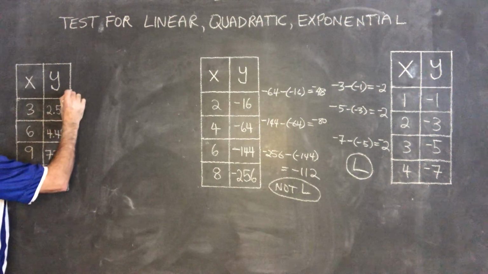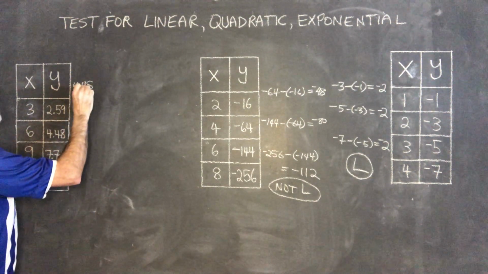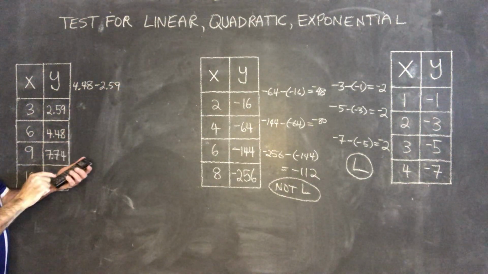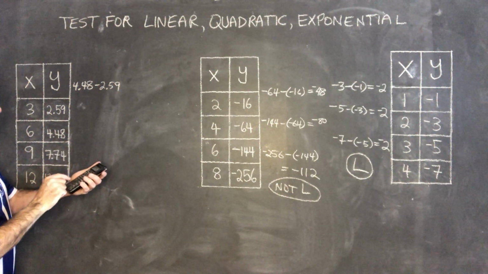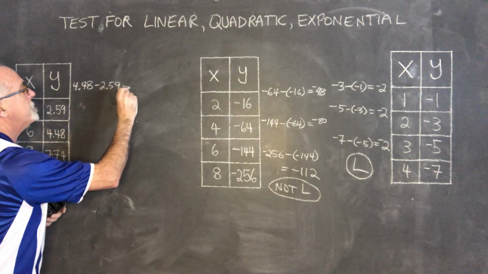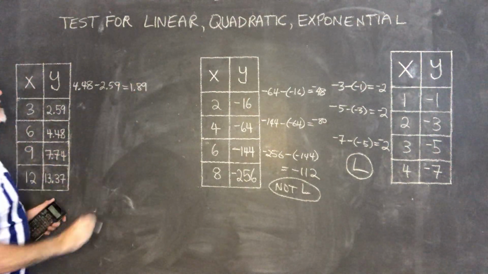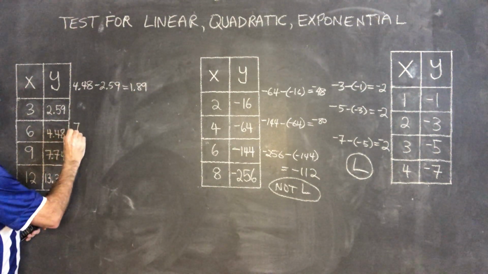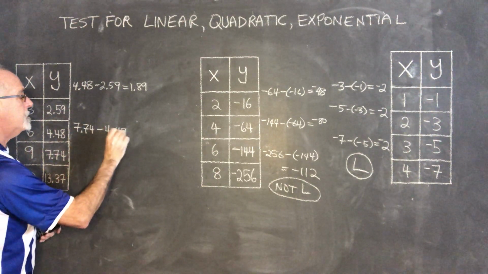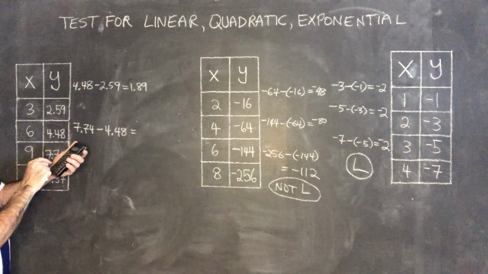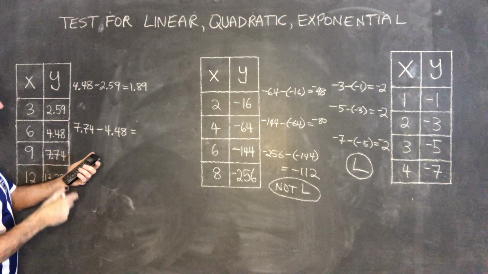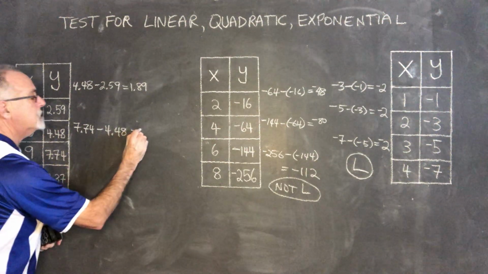So we have 4.48 minus 2.59, which equals 1.89. Then I'm doing 7.74 minus 4.48, which is equal to 3.26.